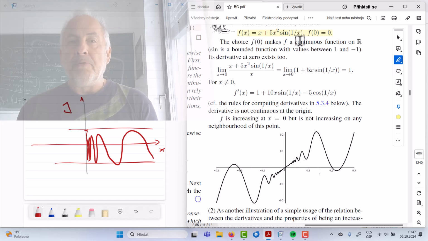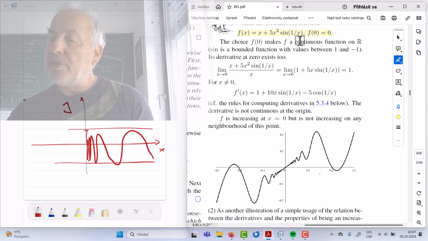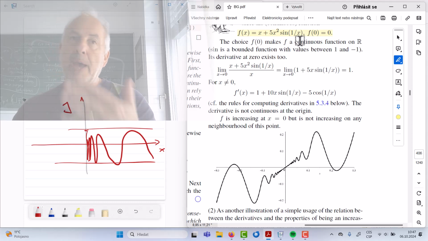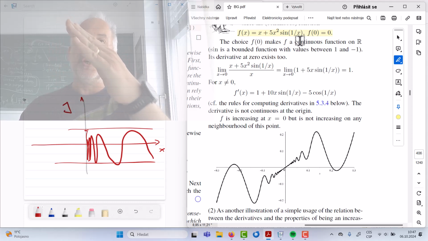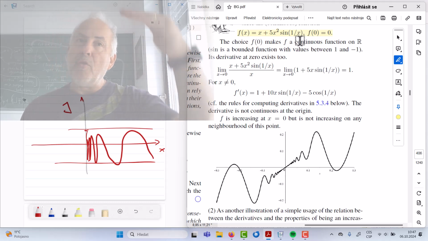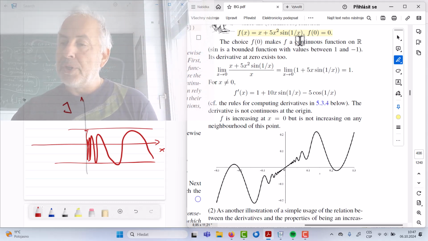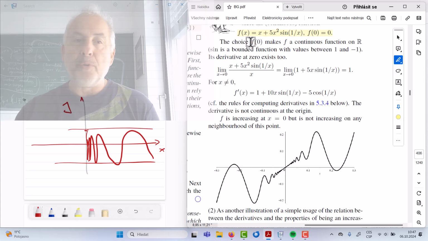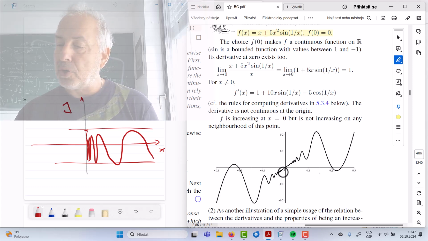And here in the definition of our function, we just multiply it by x squared, and we know that sine goes to 0 approximately like x. So if I multiply with x squared, it will be actually very quickly going to 0. So around 0 the function will behave roughly like x. That's what you see here.